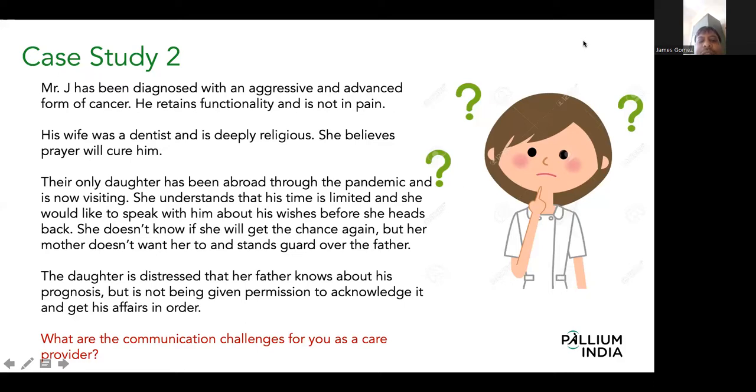She doesn't know if she will get the chance again, but her mother doesn't want her to and stands guard over the father. The daughter is distressed that her father knows about his prognosis, but is not being given permission to acknowledge it and get his affairs in order.